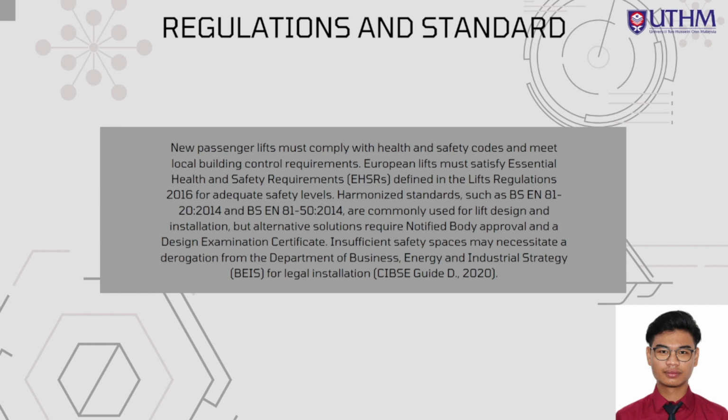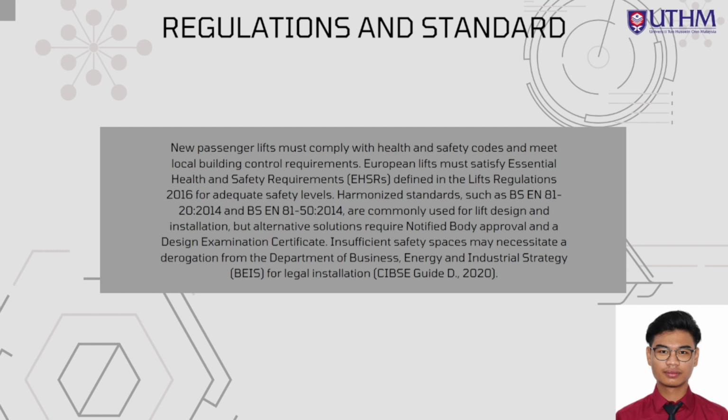For this part, this is the simplified version from our report. New passenger lifts must comply with health and safety codes and meet local building control requirements. European lifts must satisfy essential health and safety requirements defined in the Lift Regulations 2016 for adequate safety levels.